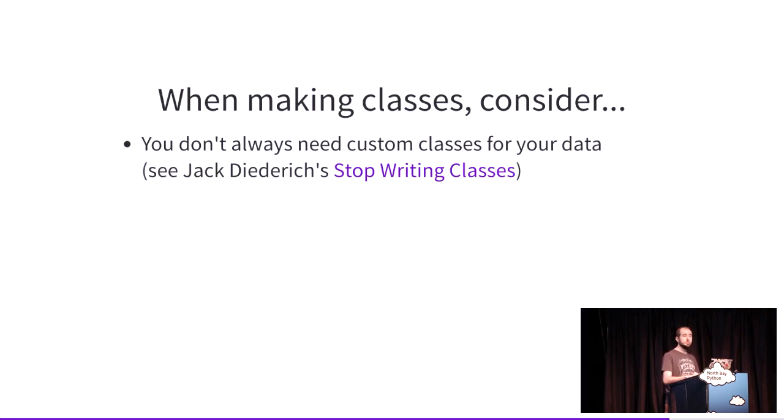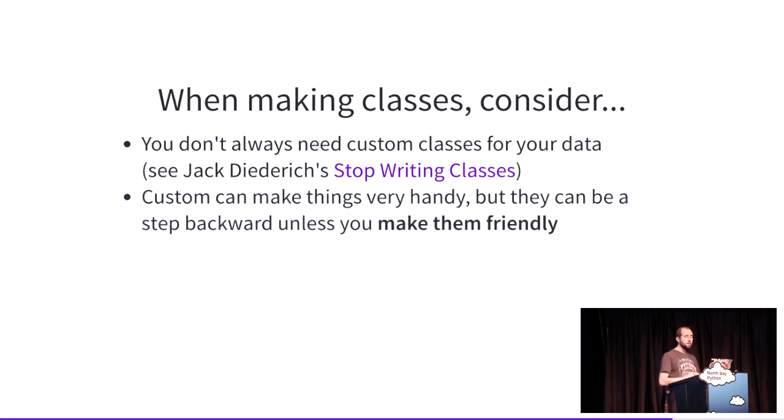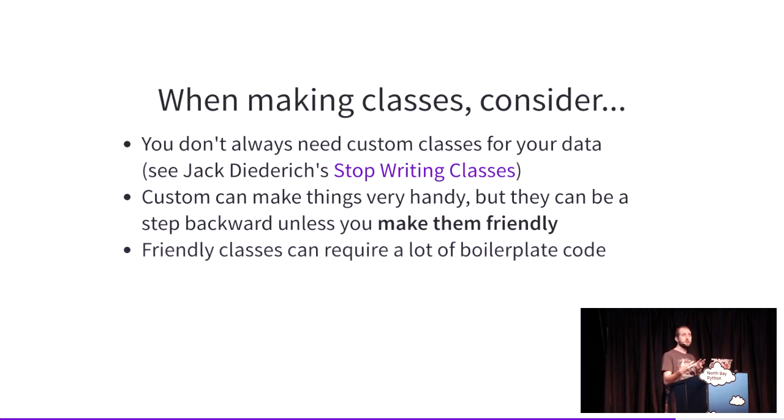If you do decide that you do in fact need a class, you should make your class a friendly one. Meaning using your class should feel almost as natural as using one of the built-in Python objects. Creating a friendly class can involve a lot of boilerplate code. It's hard to make the life of the person using your class a little bit easier.